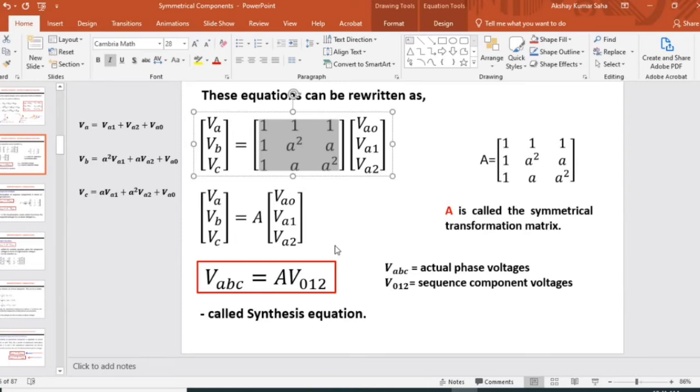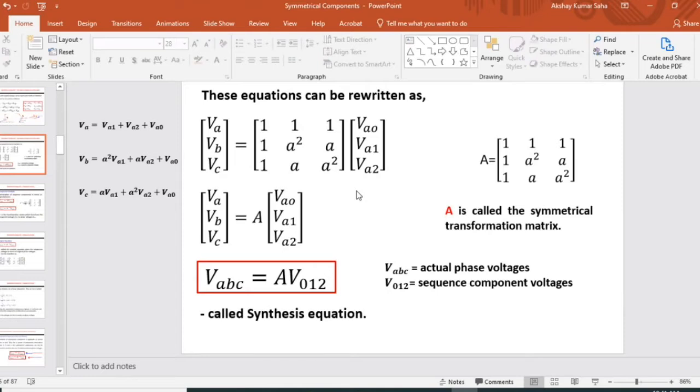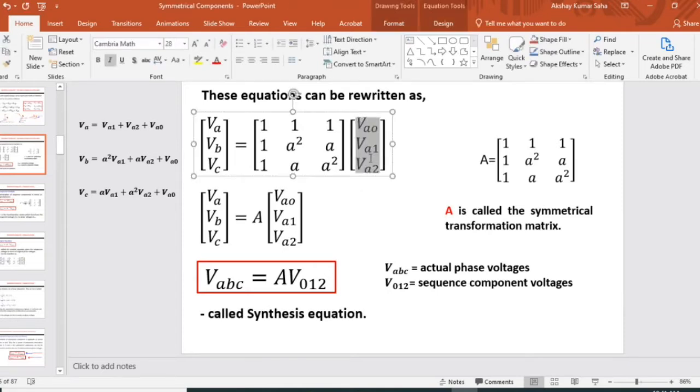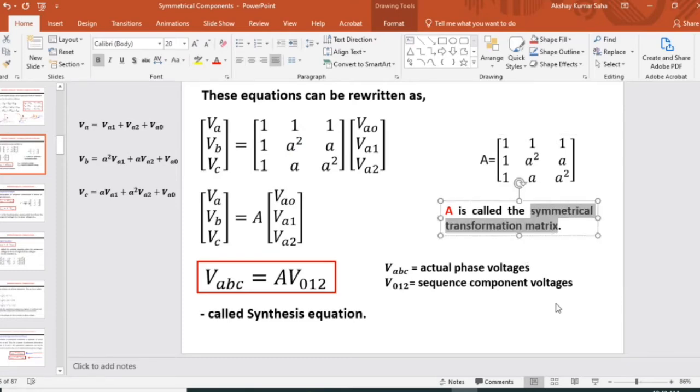So VABC is now represented by the sequence component voltages: zero sequence, positive sequence, and negative sequence. And this matrix is called capital A, the symmetrical transformation matrix, because it helps us transform, meaning the actual phase voltages VA, VB, VC can be transformed into sequence component voltages VA0, VA1, VA2.